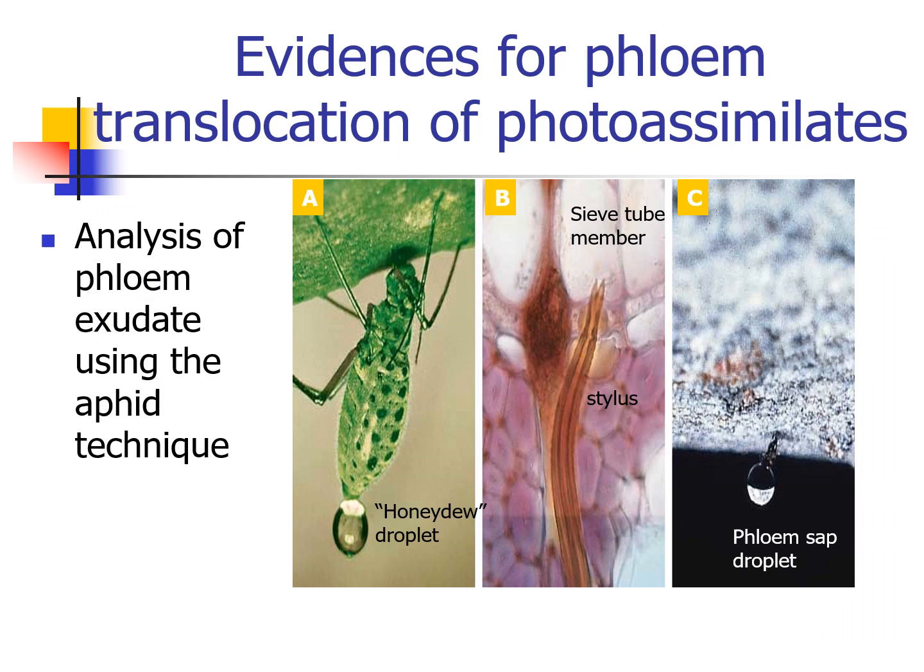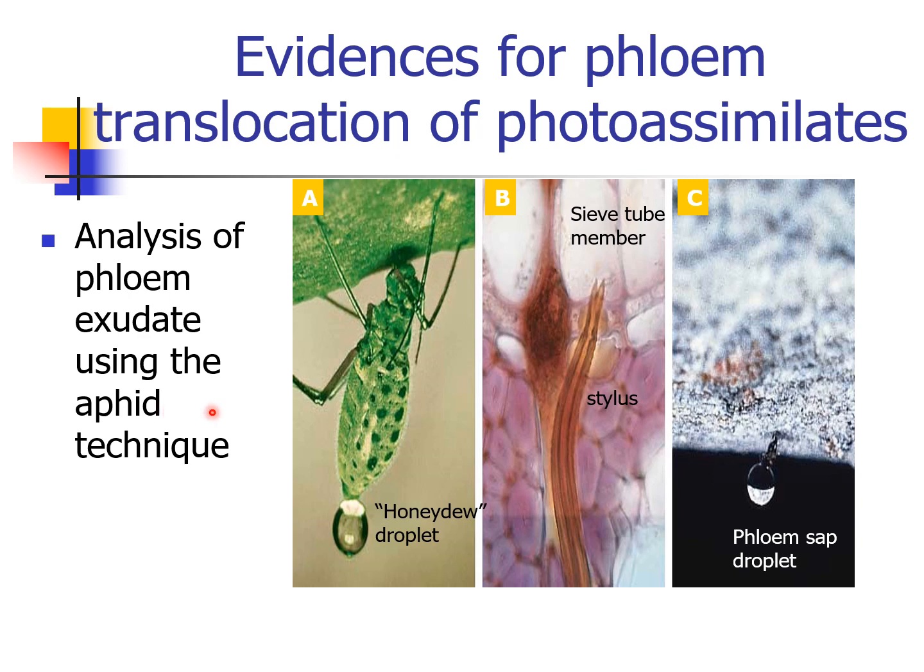One solution to the problem of obtaining the contents of sieve tubes uncontaminated by other cells was provided by insect physiologists studying the nutrition of aphids.